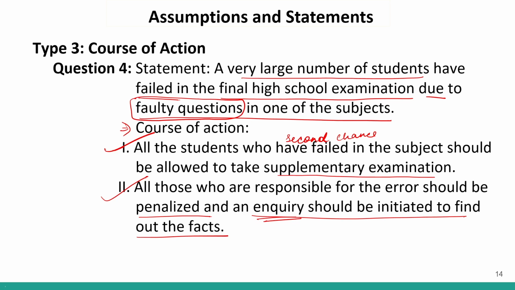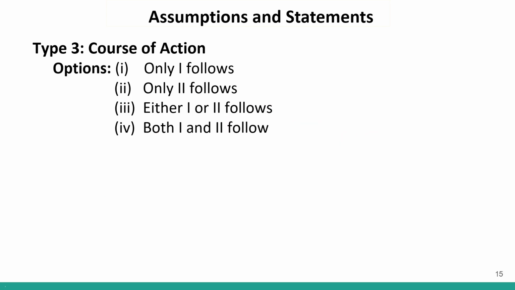So both of them will be the correct course of action, right? If I look at the options, option number 4 will be the correct answer because the students should be given a second chance, as well as the people who are involved in such a blunder should be punished in some way or the other. So option number 4 will be the correct answer.